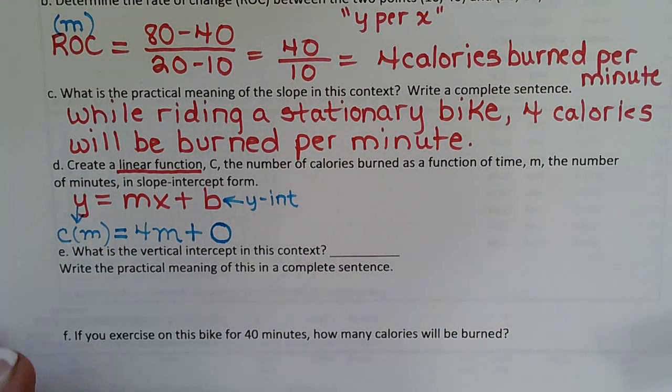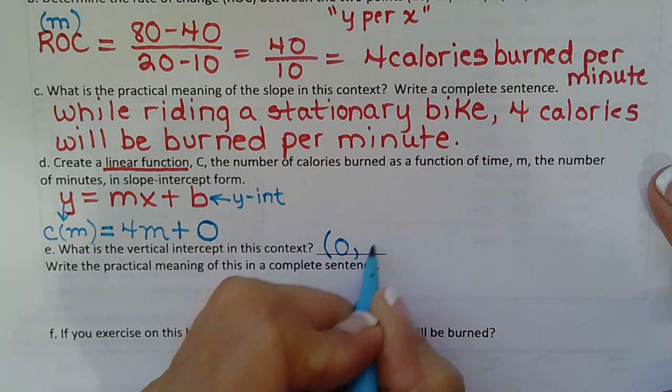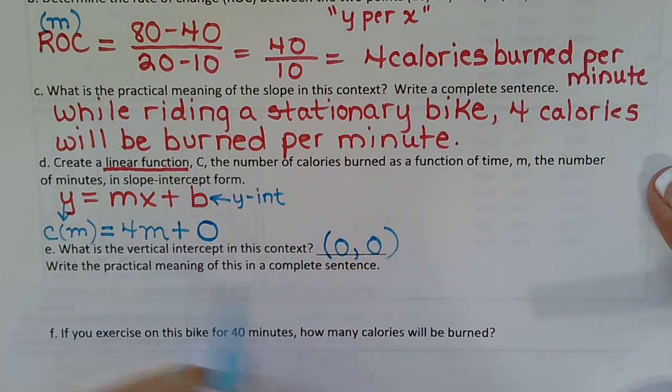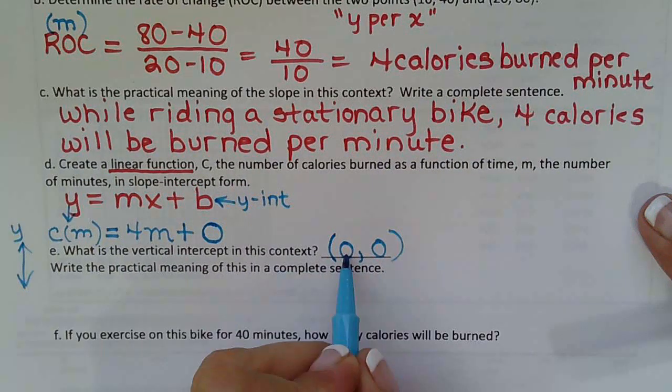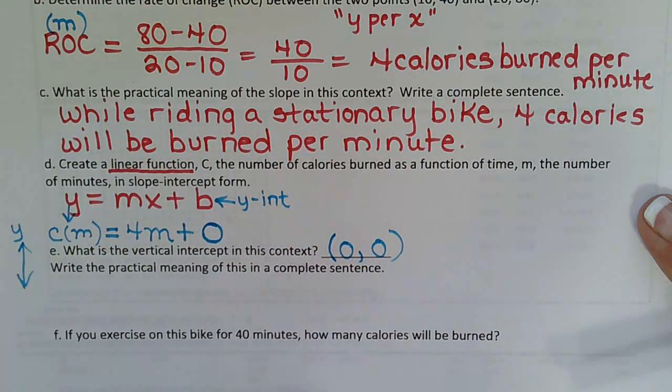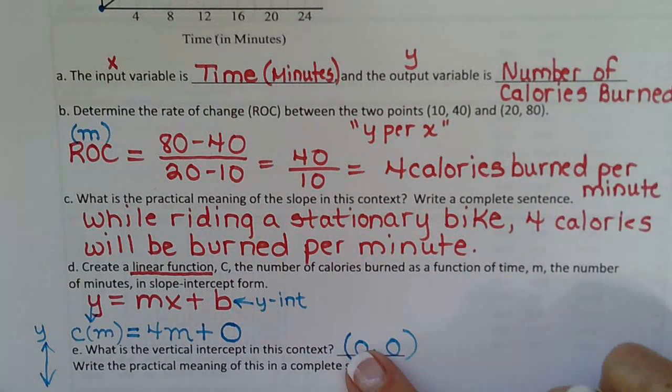What is the vertical intercept? Like we said, it crosses at 0, so that would be 0, 0, because remember, vertical intercept means make x 0, because it's the y-intercept. So I made x 0, and then I looked on the graph and saw it was 0. What's the practical meaning? Remember how we put our labels here?